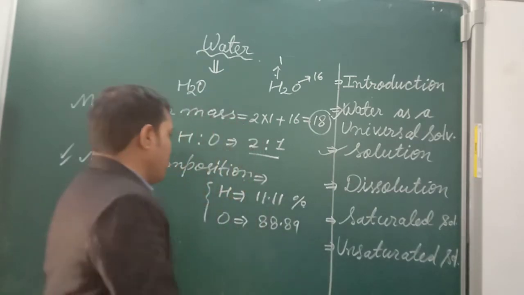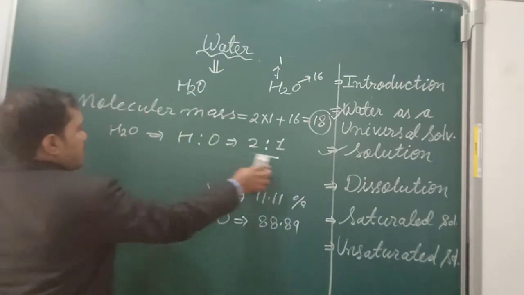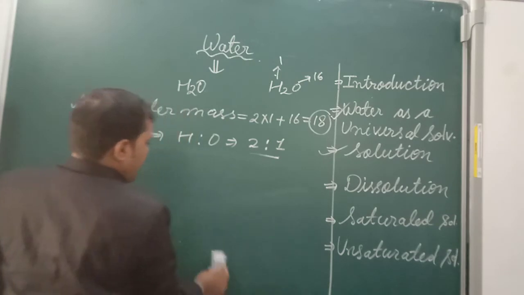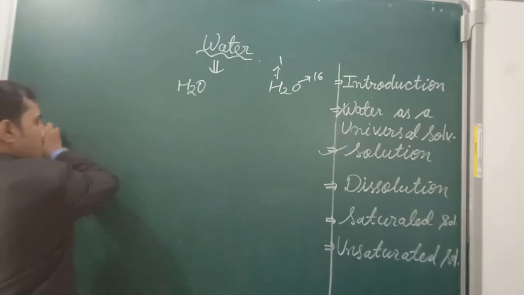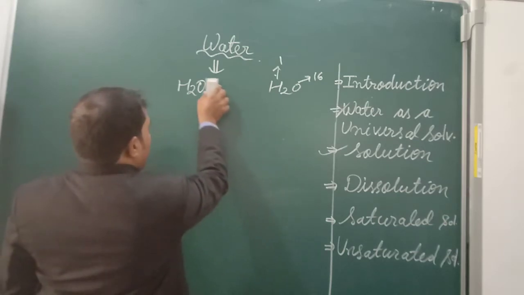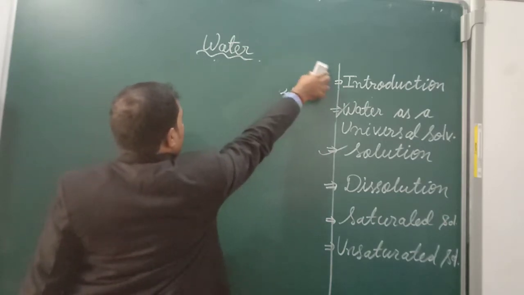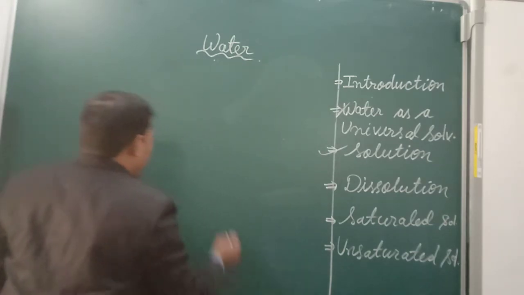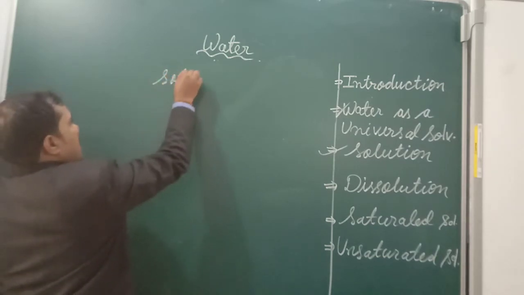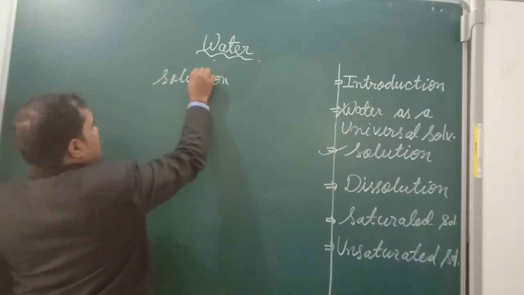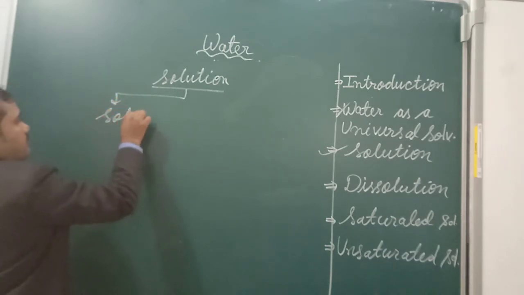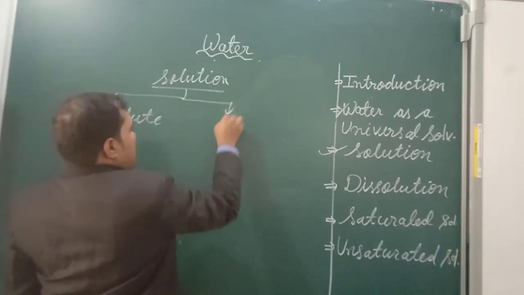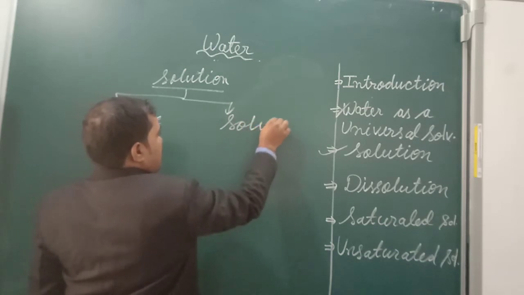Solution, just now I told that solution is the mixture of solute and solvent. Means when you mix solute and solvent together, then it will form the solution. Understood? Means a solution has two components. One is the solute, another is the solvent.